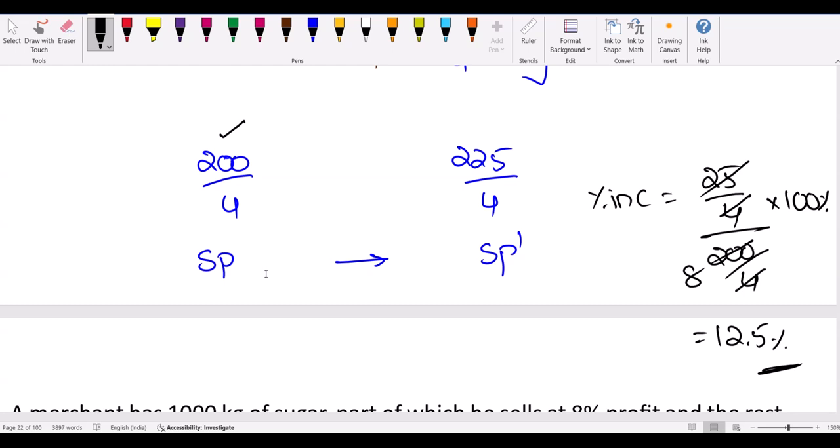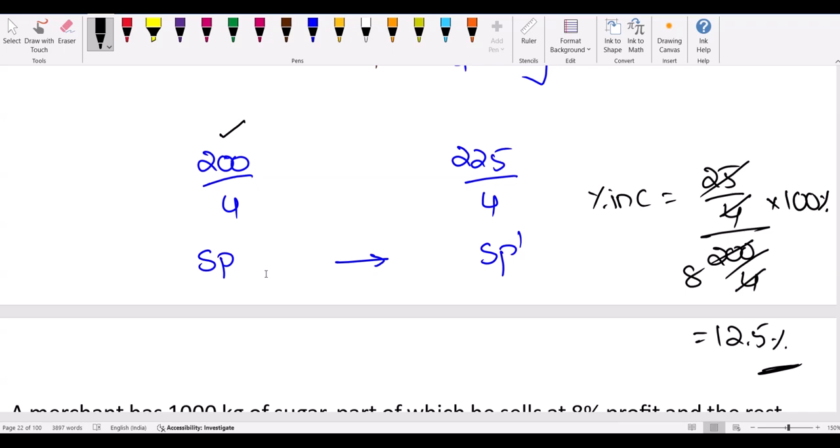So next onwards, whenever they ask you like this, any question they may change. Let us say gain is 20%, cost price increased by 10%. How much should the selling price increase to maintain the same gain? What should be your answer? Gain is 20% initially. If the cost price is increased by 10%, what percentage should the selling price increase to maintain the same gain? 10%.